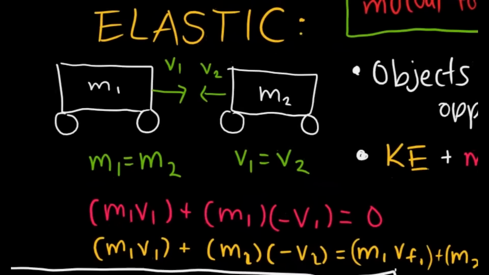So here's an example. You have cart 1 of mass m1 coming towards cart 2 of mass m2. And cart 1 has a velocity of v1. Cart 2 has a velocity of v2. And we can see that they're set equal to each other. And so their total momentum initially will be 0.